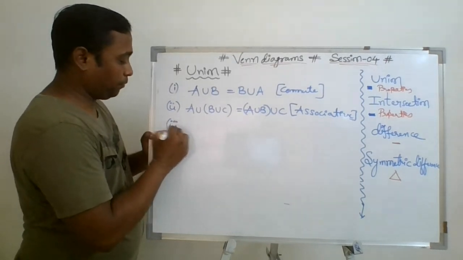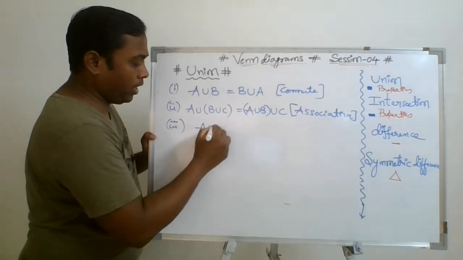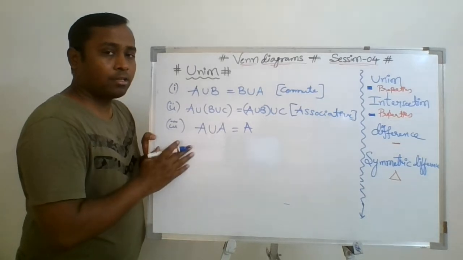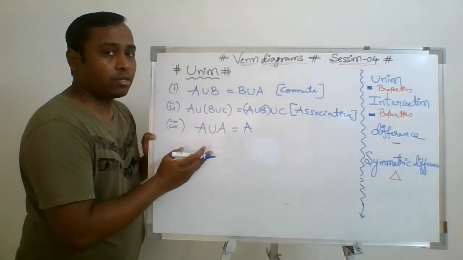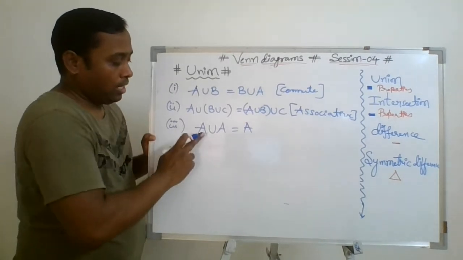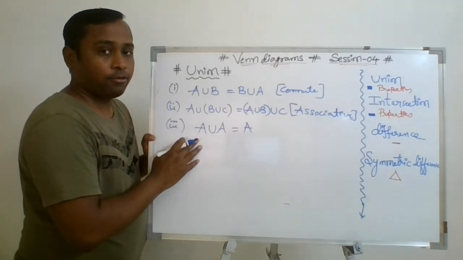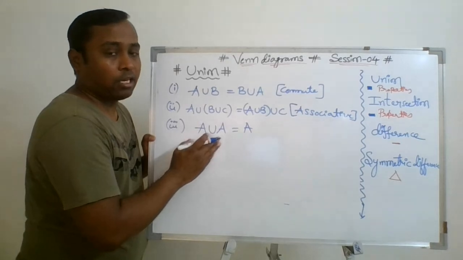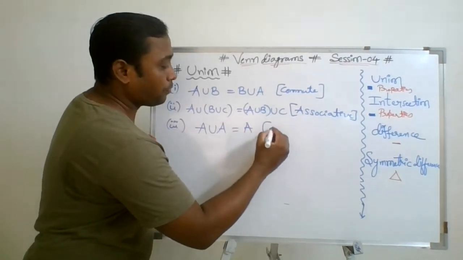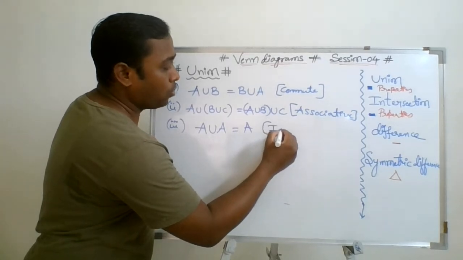Now the third, A union A will give A only. एक सेट को उसी सेट के साथ यूनियन फाइंड आउट करेंगे तो अल्टीमेटली वही सेट रिपीट होगा. So what we call the union of a set with the same set gives the set itself, which we call the idempotent law.